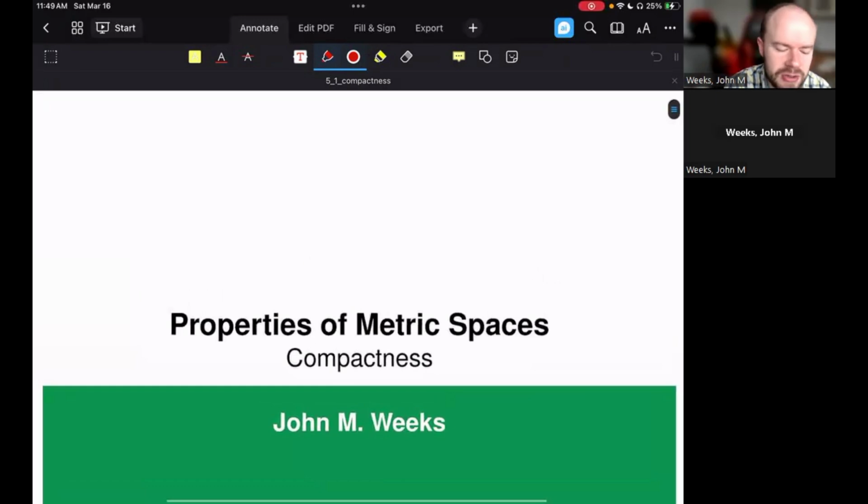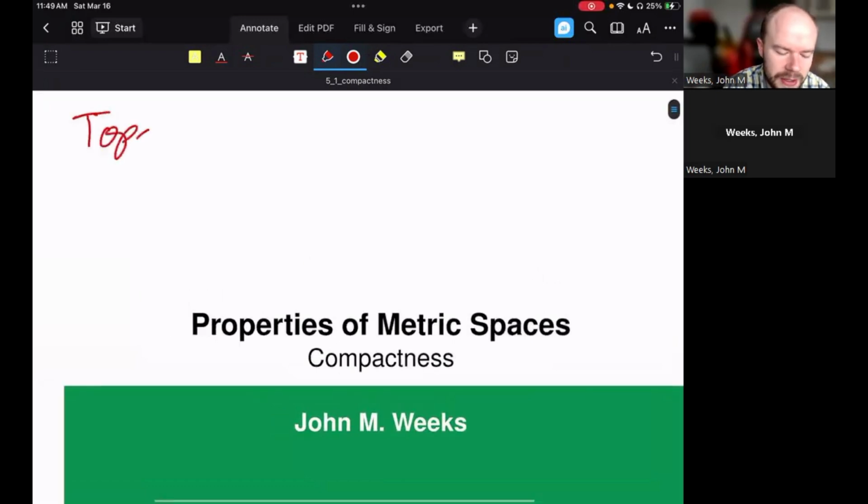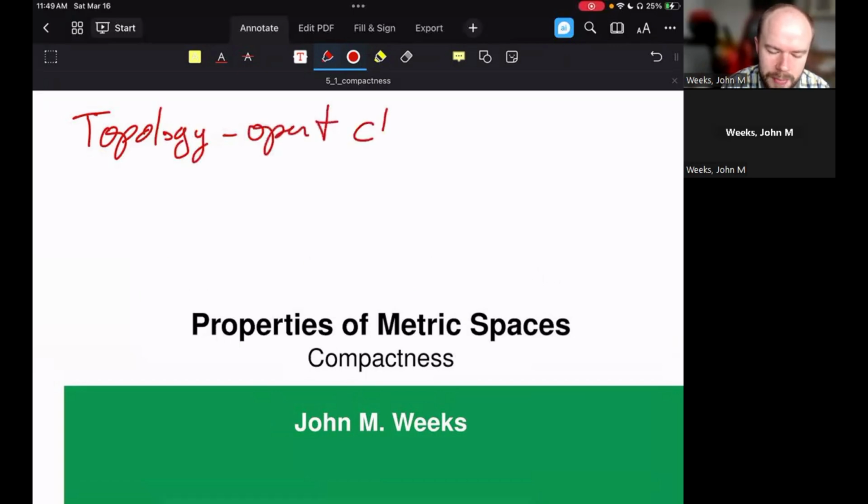So topology usually has to deal with open and closed sets, but there are also some other interesting things here. We'll talk about today how the notion of a compact set helps us in this world of topology. We'll give an example in just a little bit.